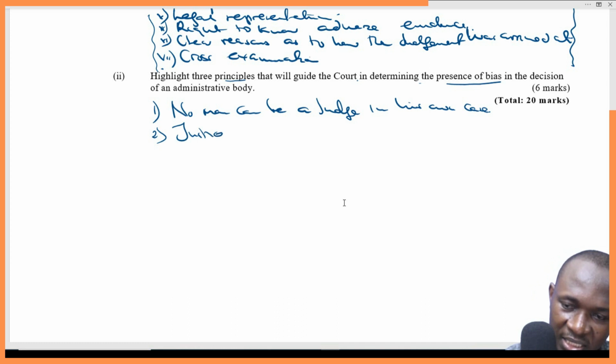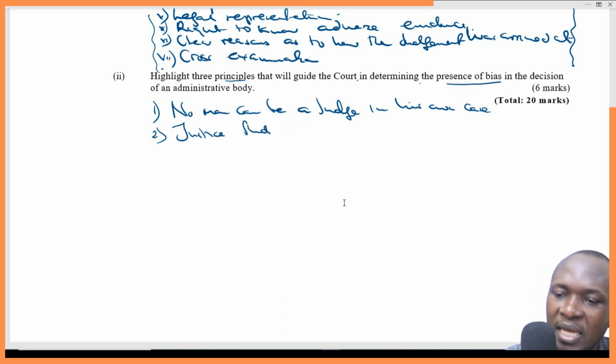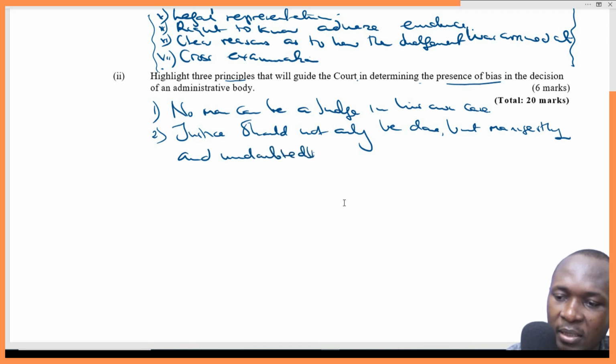And then we have the second one: justice should not only be done, but it should manifestly and undoubtedly be seen to be done.